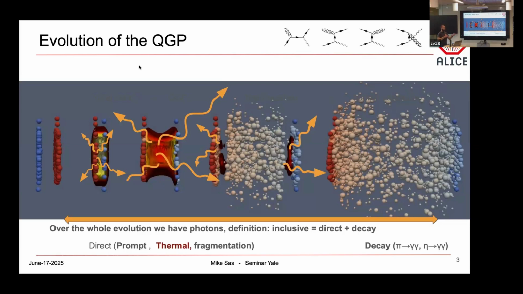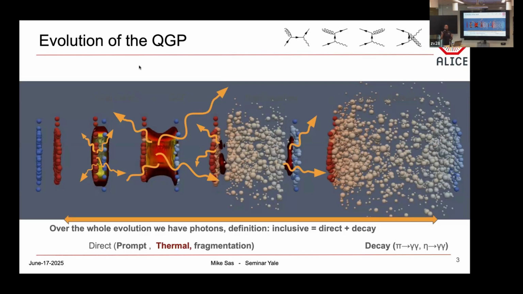This is completely different from jet physics. Jets traverse and they have color, so they will interact with the medium. But once a photon is created, it just escapes. This has a cool feature, namely that because the system is very hot early on in the collision, and the production goes with T to the 4, you will create a lot of photons early on.